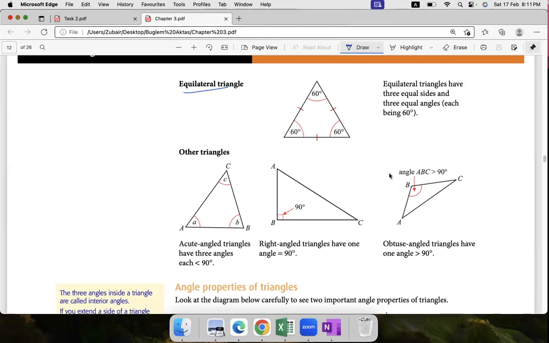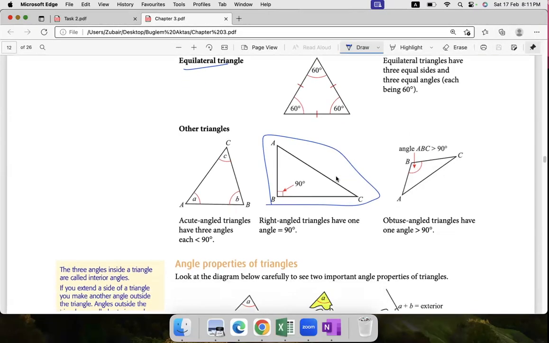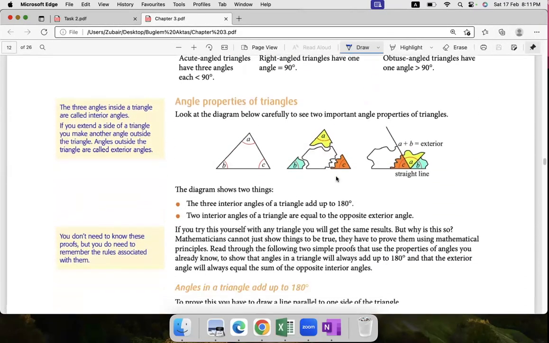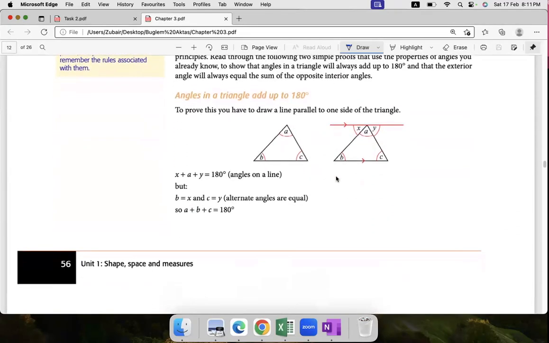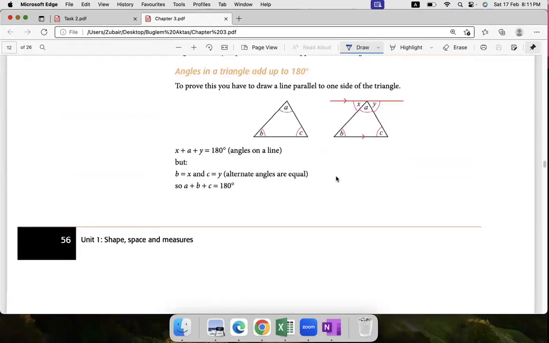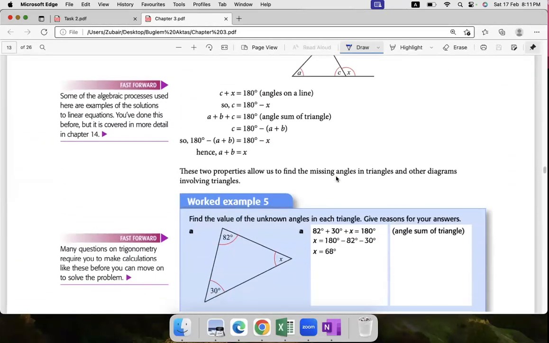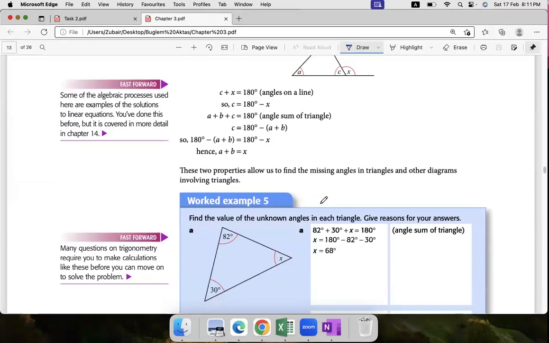Other triangles are obtuse, having one angle more than 90 degrees, and this is known as a right angled triangle. We already know this stuff, so I'm moving up. This is like basics from grade 6 and 7.